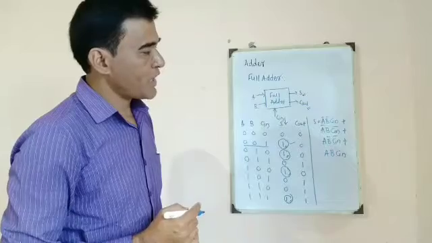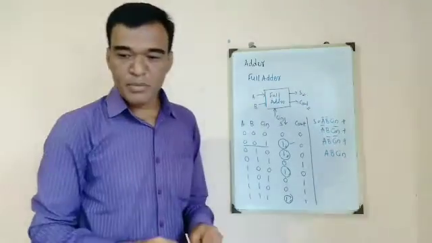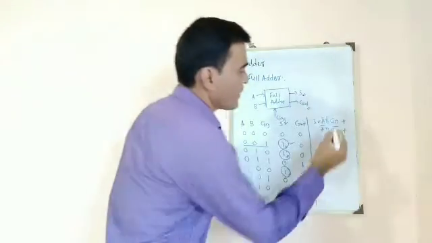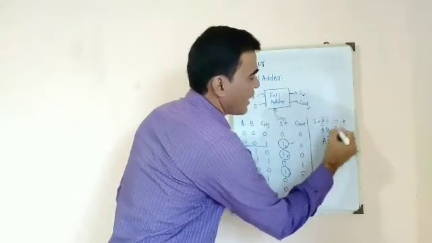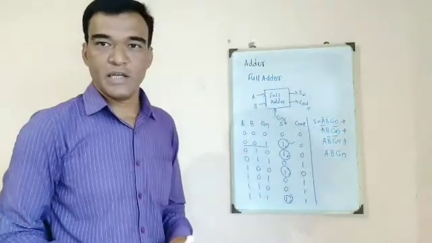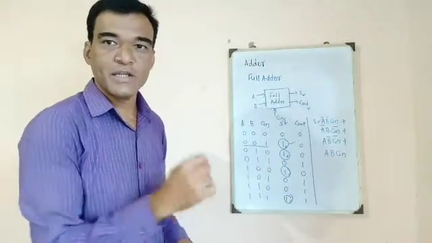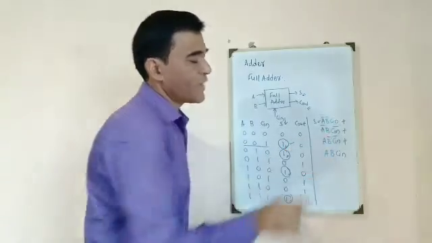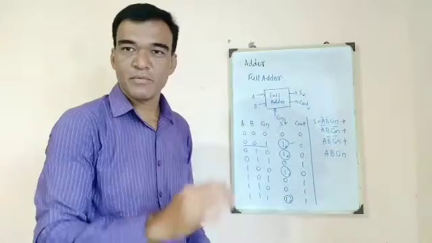If you observe carefully, this term number 1 and the last term have the common term C in. So let us take that C in commonly. If you consider the second and third term, we have common C in bar. We will take it out.